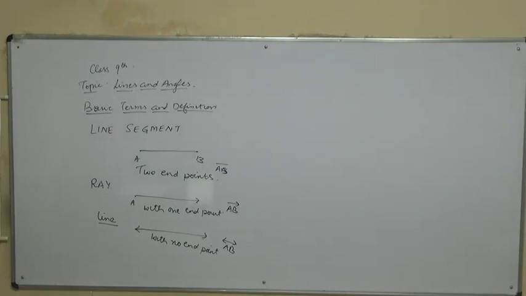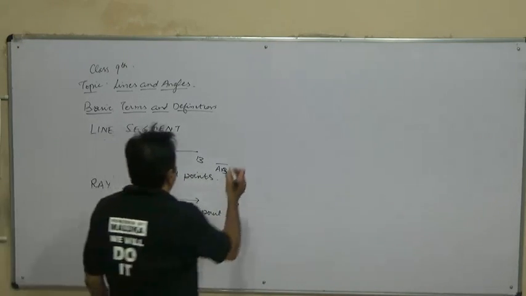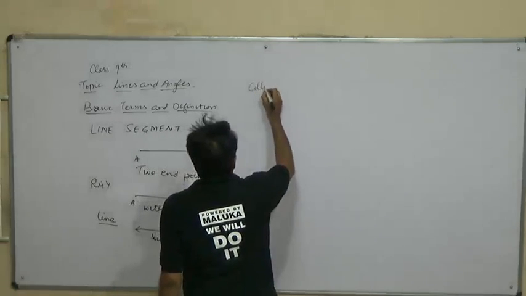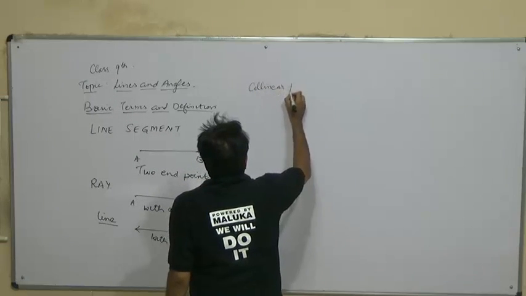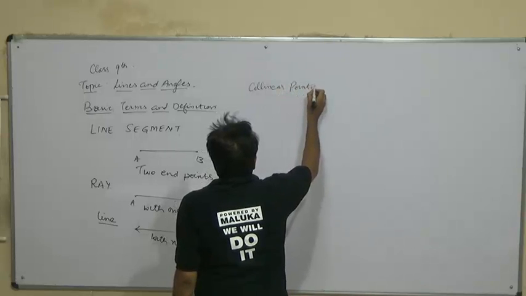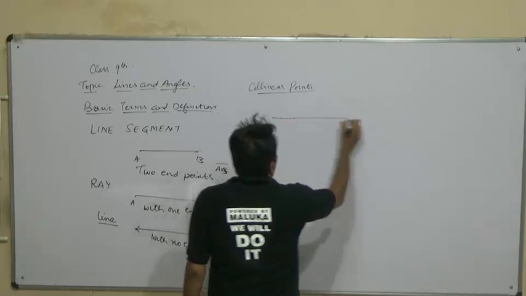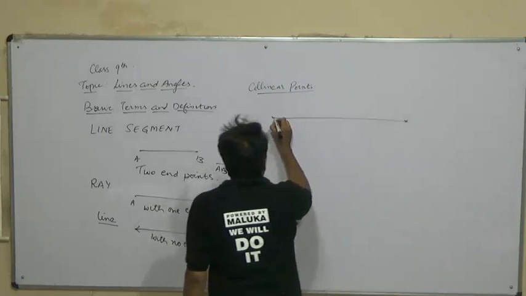Then we have discussed about the collinear points. Collinear points are those points which lie on the same line.